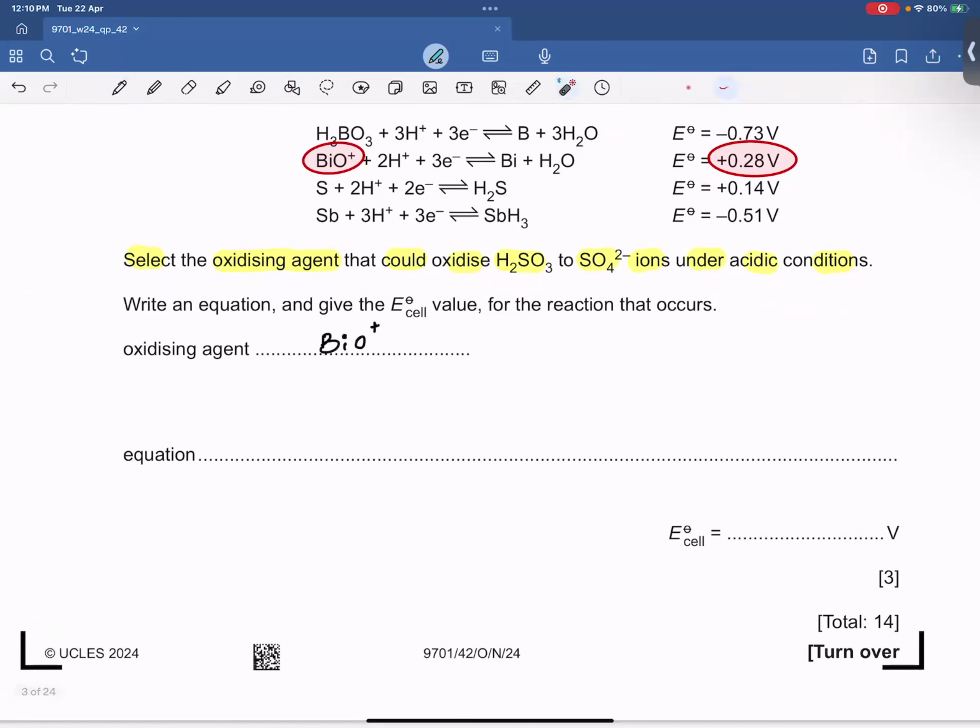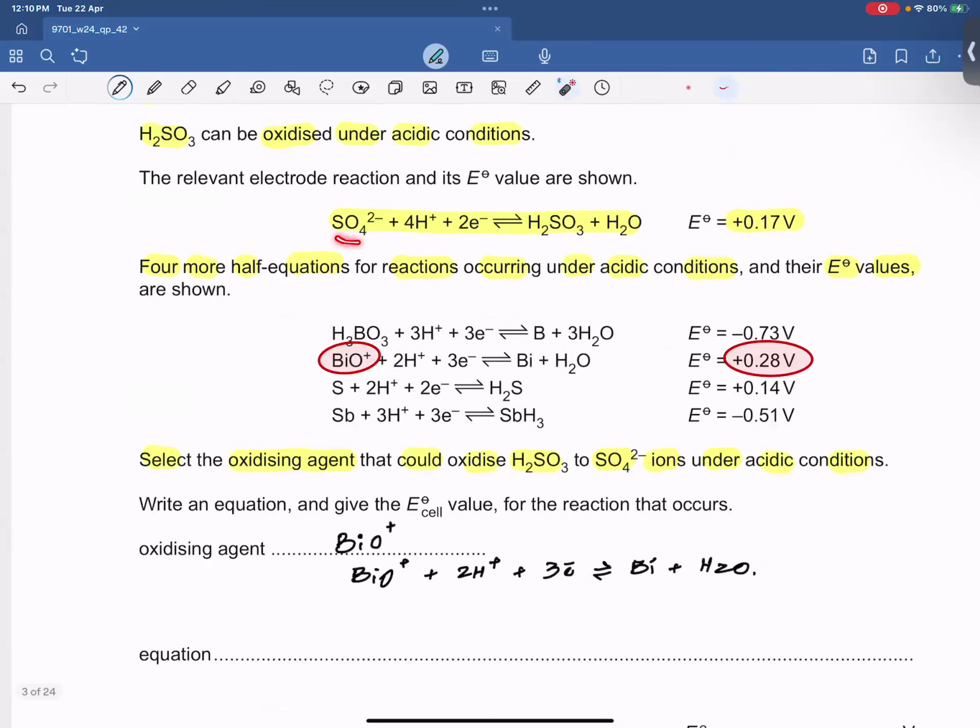So what we can do is, since this half cell has a more positive E0 value, I will write the equation in the reduction form as it is. And since this half cell has a less positive E0 value, I need to flip this equation.